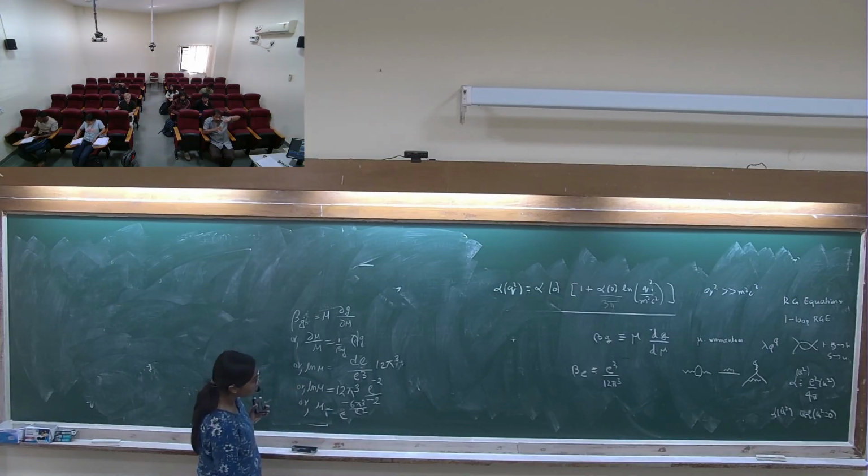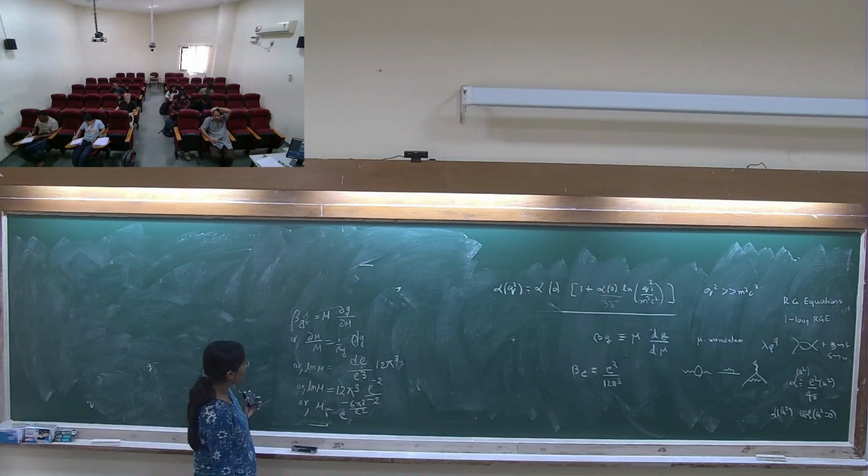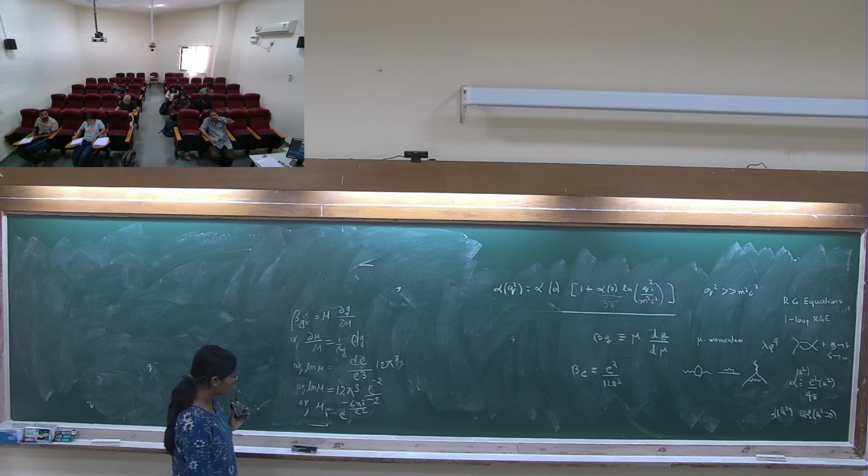Something like this. So this is the indefinite integral. Now you are going to integrate this on the left hand side from the scale mu1 to mu2.